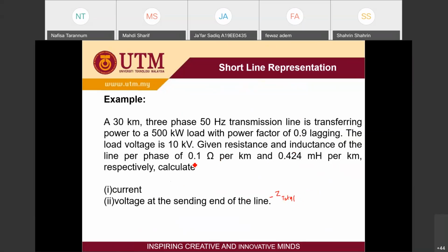It has been given to you: R is 0.1 ohm per kilometer, and the inductance is 0.424 millihenry per kilometer. So R is 0.1 multiplied by 30 kilometers. Just to make sure, this one is actually 3 ohm.